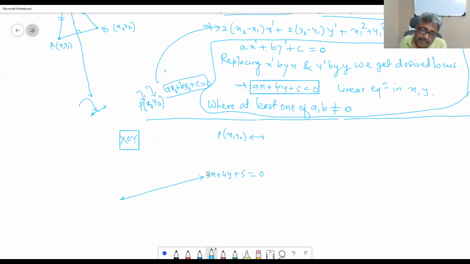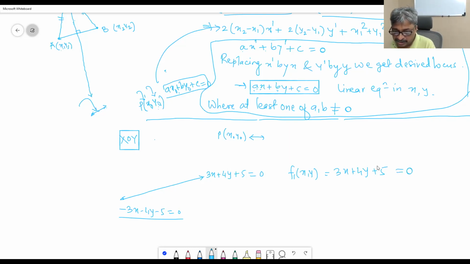Now, if I multiply this equation by, say, minus 1, I get minus 3x minus 4y minus 5 is equal to 0. This equation is algebraically not the same as this, because when I write this, I write it like f1 of x comma y is equal to 3x plus 4y plus 5, and it happens to be equal to 0.